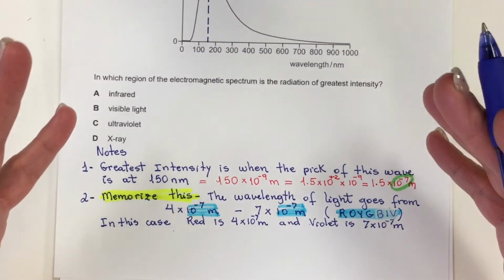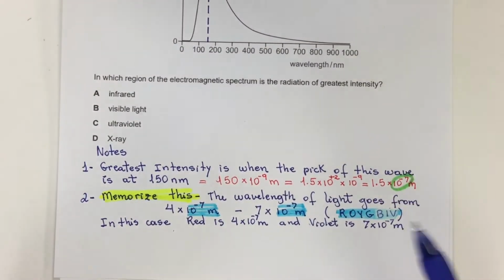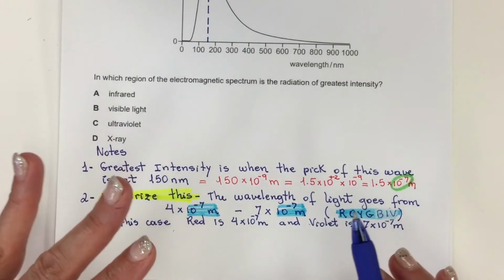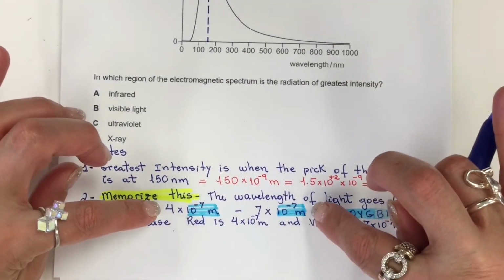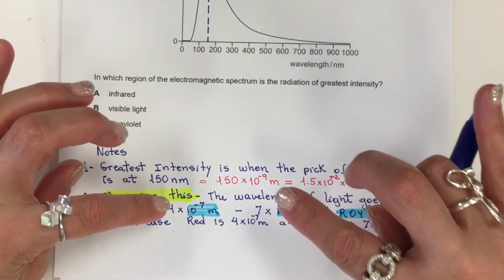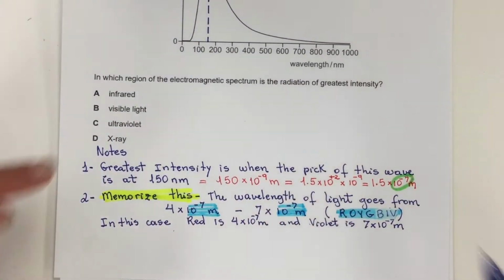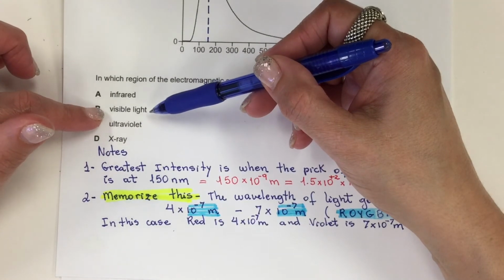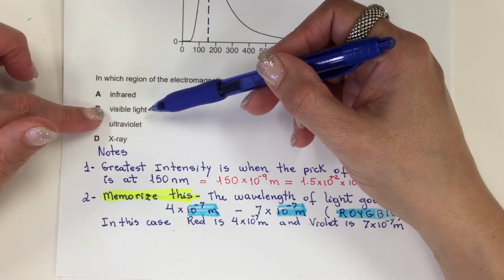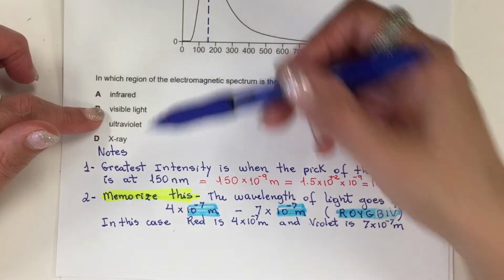If a problem asks to identify the color of light, then you have to work with this range from 4 to 7. But in this particular case, the visible light is one of the options, not its colors.